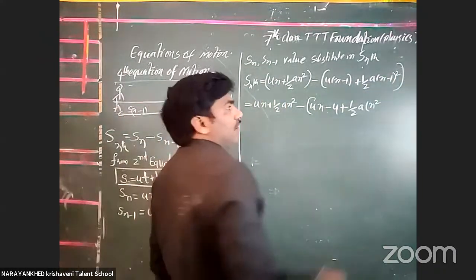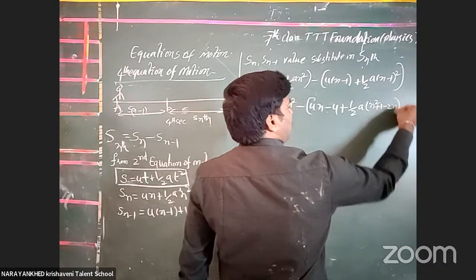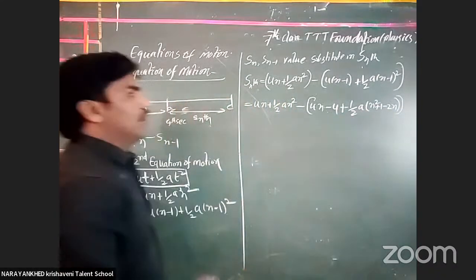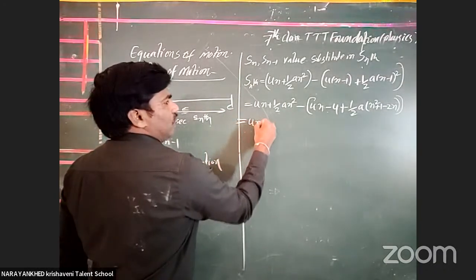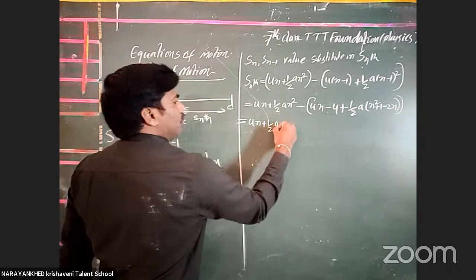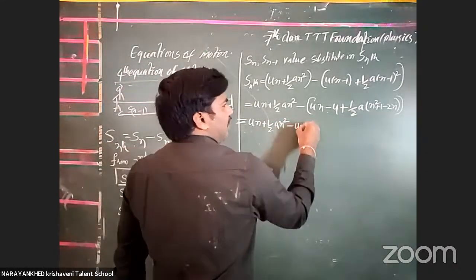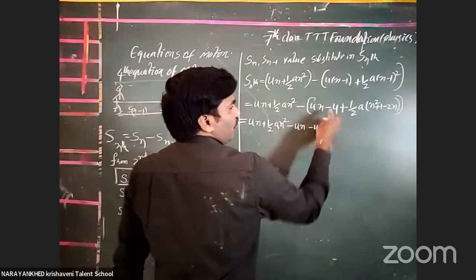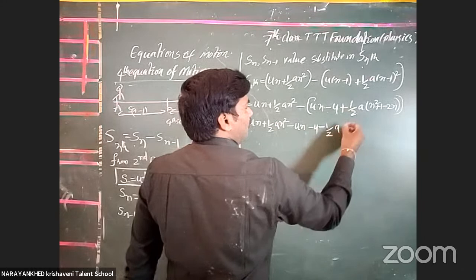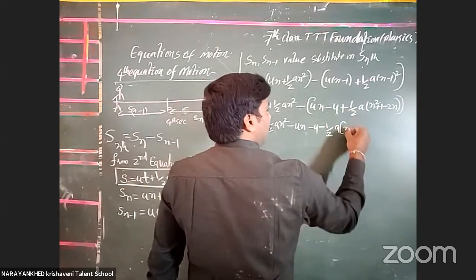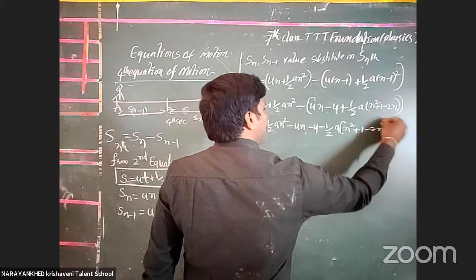What does it become? n square plus 1 minus 2n. Now it is equal to u n plus half a n square minus u n minus u, and minus half into a into (n square plus 1 minus 2n).